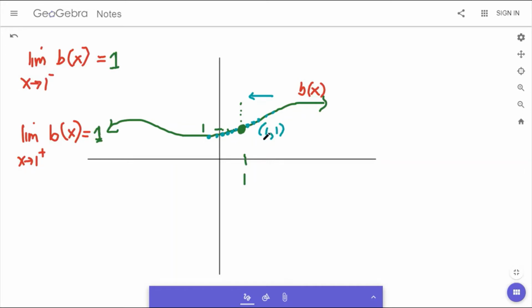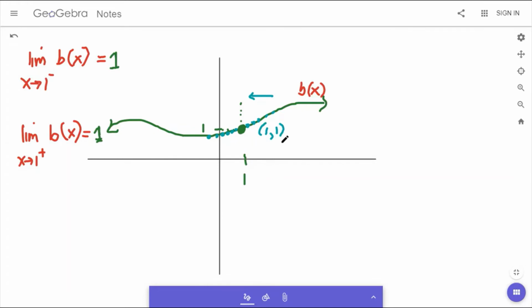So it means to say, paano naman mag-behave ang y or b of x? Kitang-kita mo na habang ang x ay papalapit sa 1, ang value ng y naman ay papalapit naman sa 1.